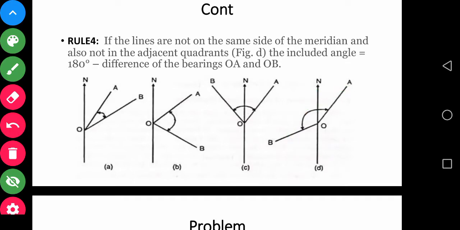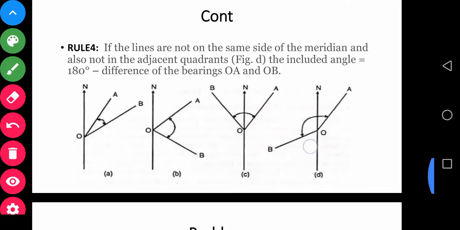So the formula will be 180 degrees minus the difference of the bearings of OA and OB, and we can clearly find the included angle between OA and OB.